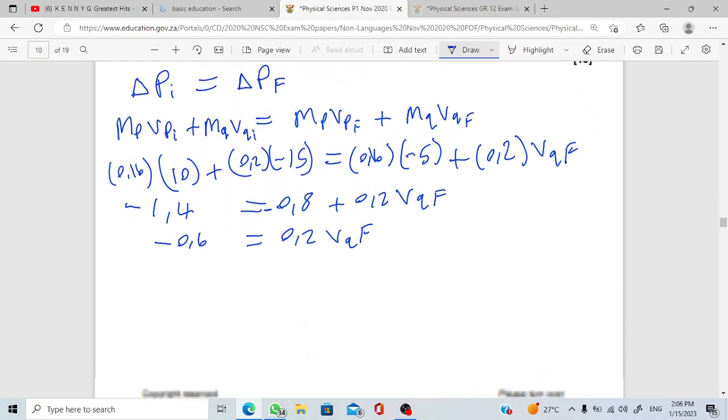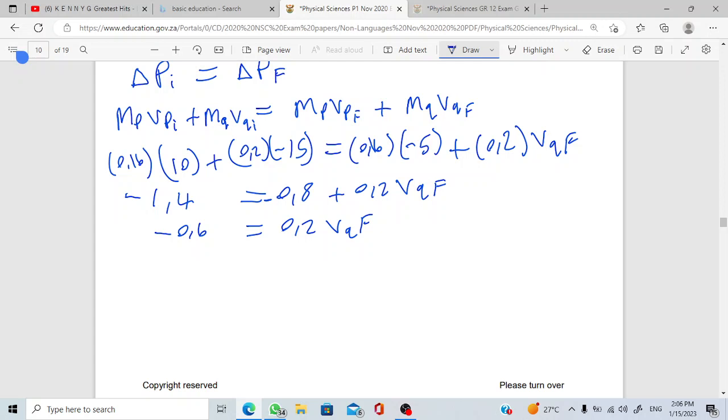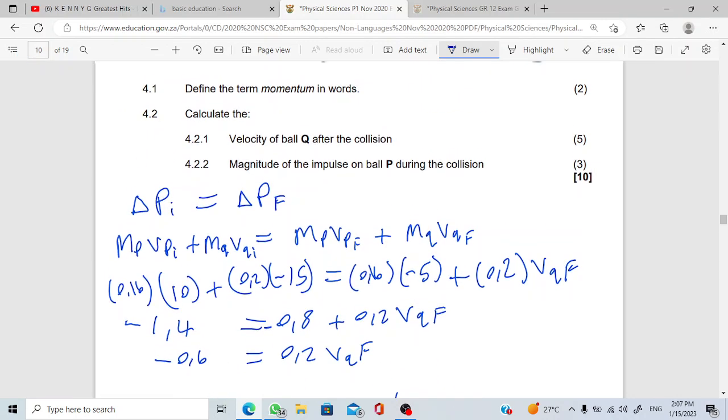If I divide by 0.2, we are going to have 3. So VQ final is equal to 3 meters per second west, because you can see the 3 from here is going to be negative, so the answer is due west.